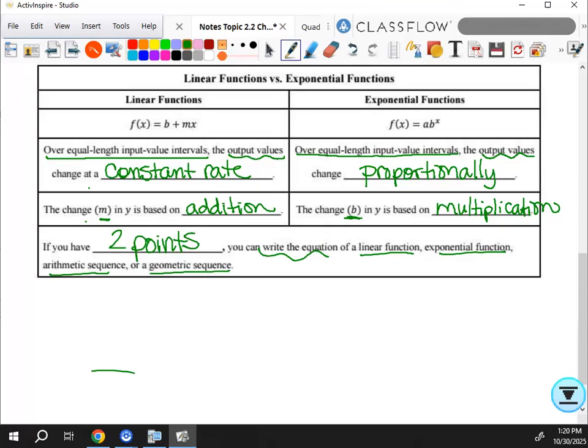But 2 points, if I know it's supposed to be exponential, I can do what I need to do to fill that out. What 2 points is not enough for is to identify. If I just give you 2 points and say, is this from linear or exponential, you'd have absolutely no idea without more information, unless there was context given to it. Okay, we all good with all that? Awesome, flip it over.